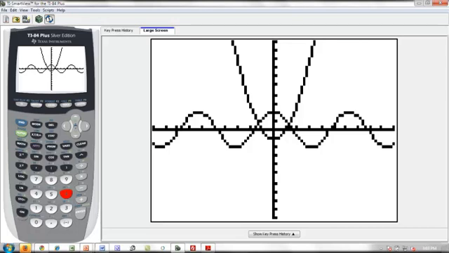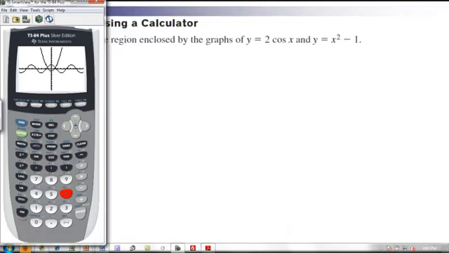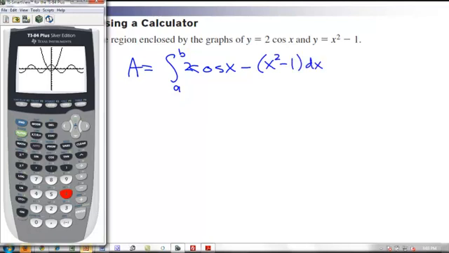Great, so that will help us. So we are going to be able to say then the area is equal to the integral from a to b of 2 cosine x minus quantity x squared minus 1 dx. So we're part done.